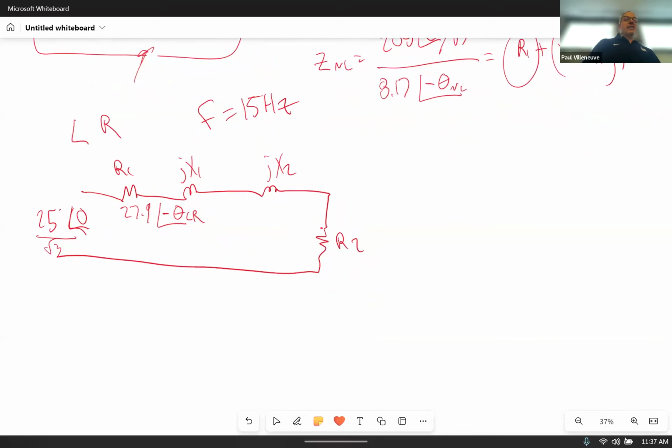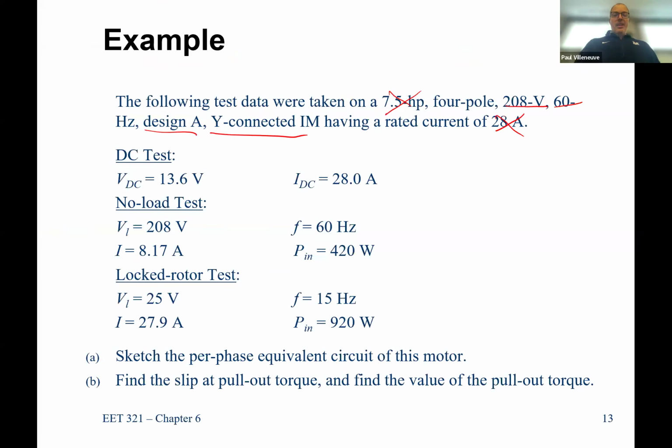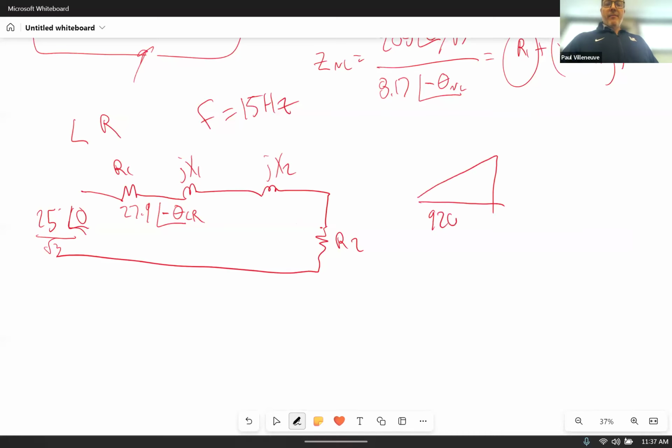So it's exact same thing, same thing we did for transformers too. We have to do a power triangle. And our P is 920. And our S is the square root of 3 times 25 times 27.9, right?